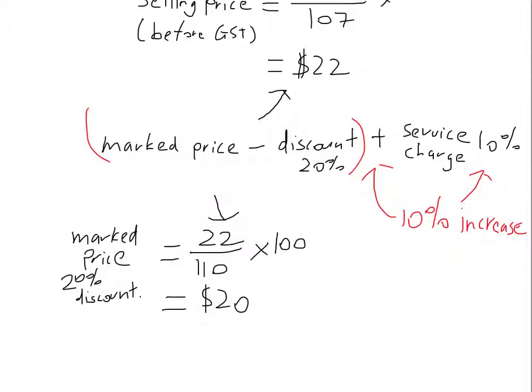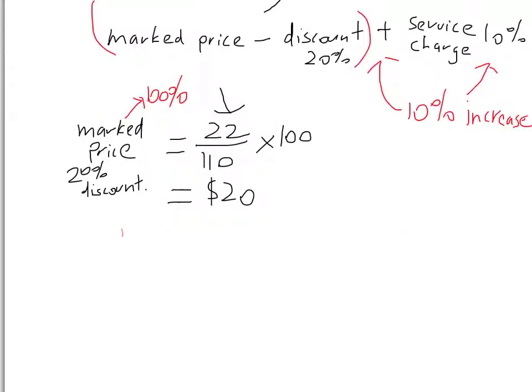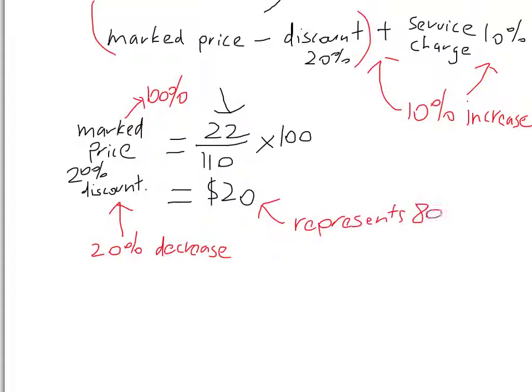Lastly, we need to find the mark price, or the original price of 100%, before the discount is included. Remember that this 20% discount is considered a 20% decrease from the mark price of 100%. Hence, this $20 represents 80% of the mark price.